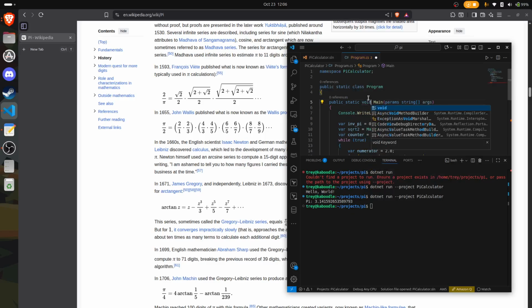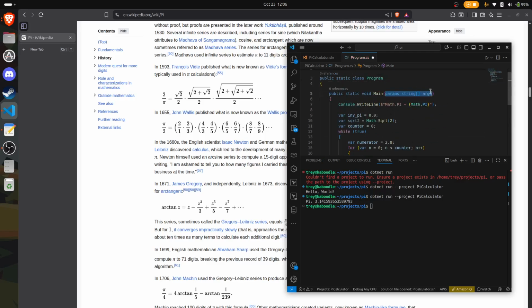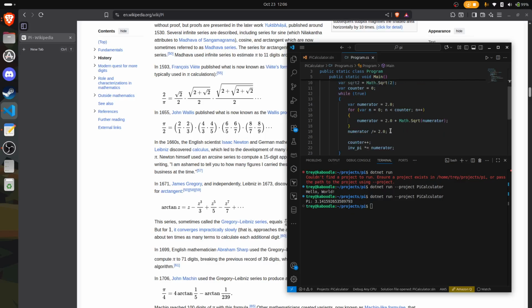This thing's never returning. We're just going to void that out. And actually, we're not taking any args right now. Okay. Now, theoretically, at this point, we should have the inverse of pi.